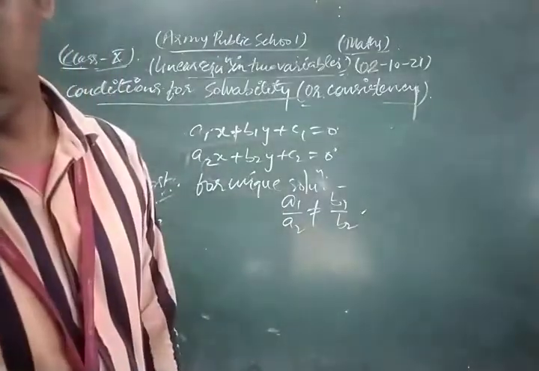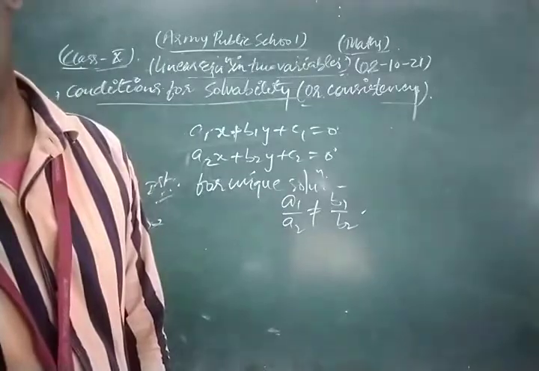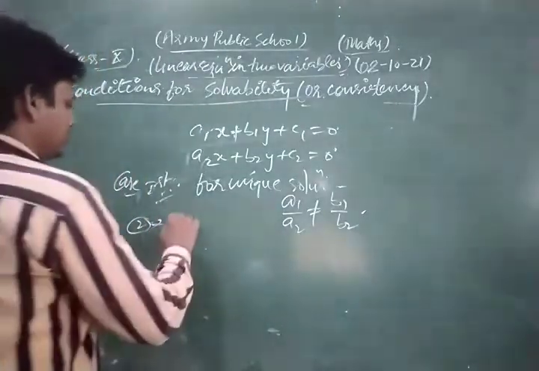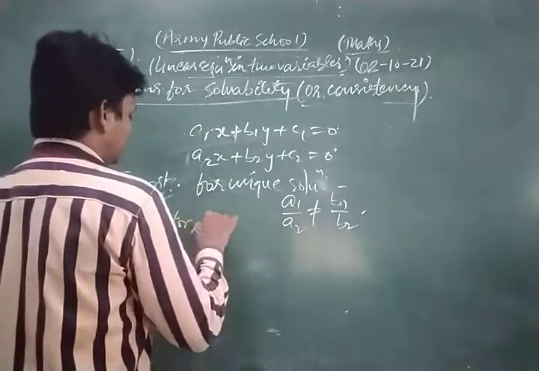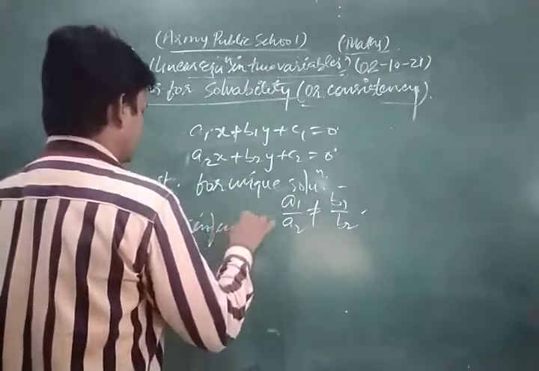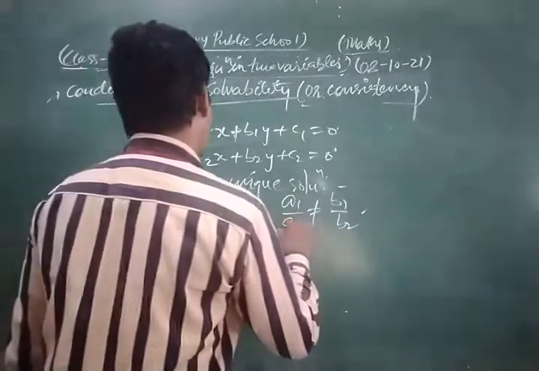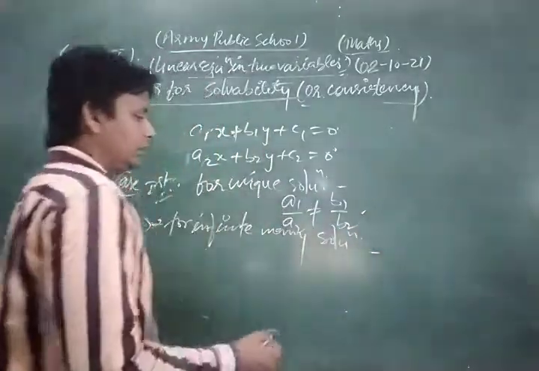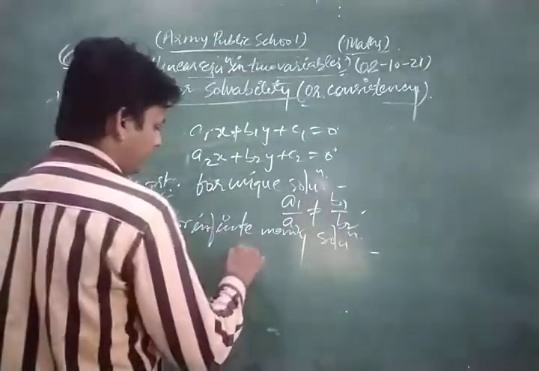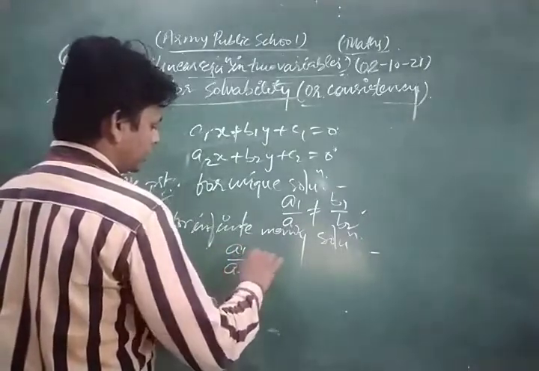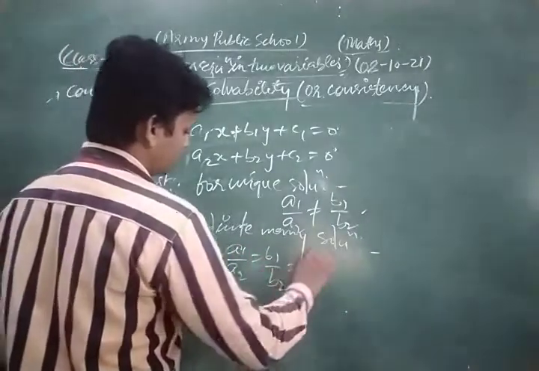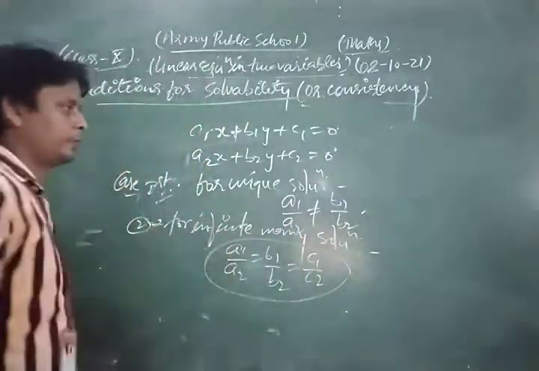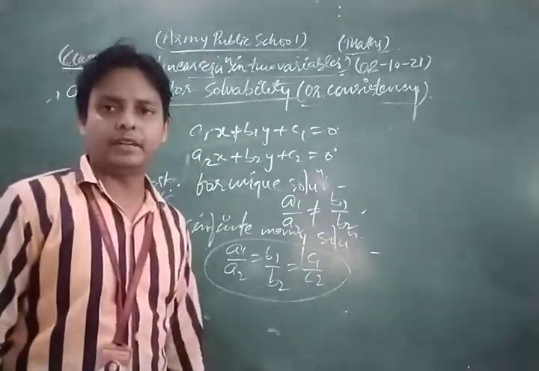And case 2 is what? For infinitely many solutions, consistent with infinitely many solutions, we have a1 upon a2 is equal to b1 upon b2 is equal to c1 upon c2. So this is the condition for infinitely many solutions.